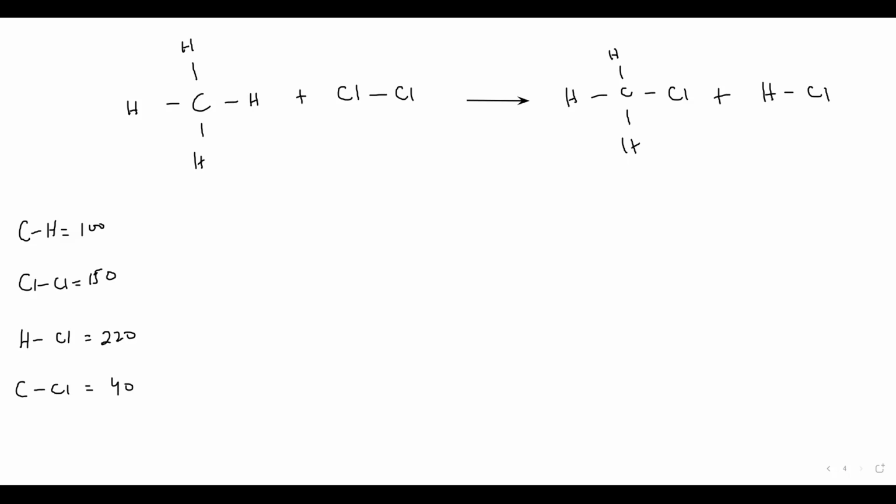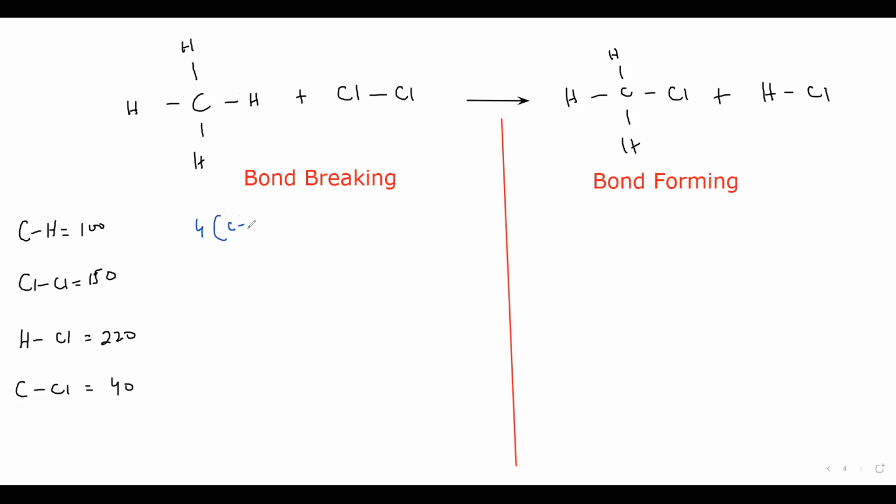So first, you divide this into two parts. The left hand side, the reactant side, is the bond breaking side, and the product side is bond forming. For bond breaking, first we write how many bonds are breaking. There are 4 C-H bonds. Then there is one Cl-Cl bond.